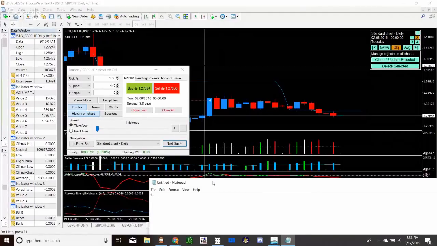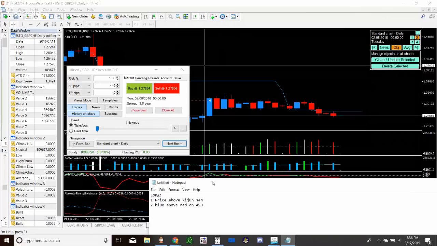So we've got to have price, to go long, we have price above Kijun Sen. We've got to have blue above red on Ash.